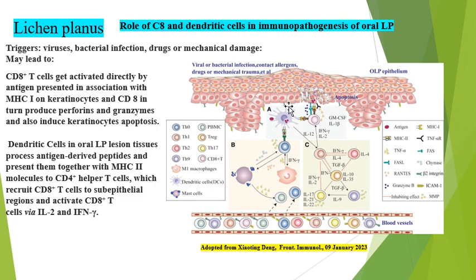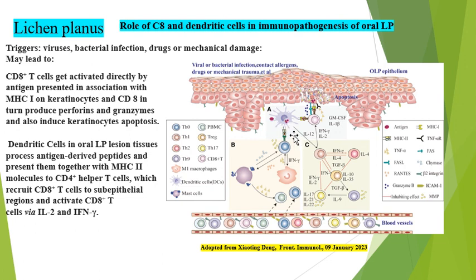Also, as can be seen here, dendritic cells in oral lichen planus lesion tissues process antigen, derive antigen peptides, and present them with major histocompatibility class 2 to T helper 1.